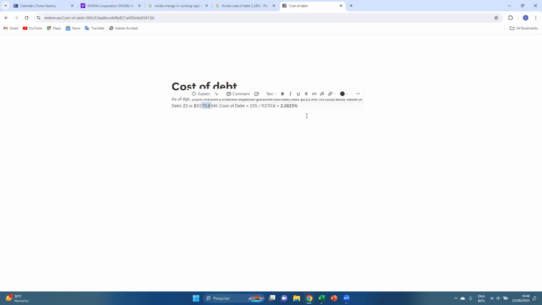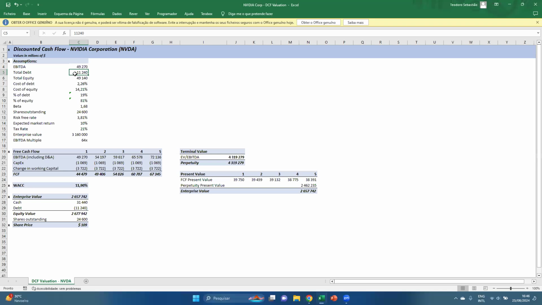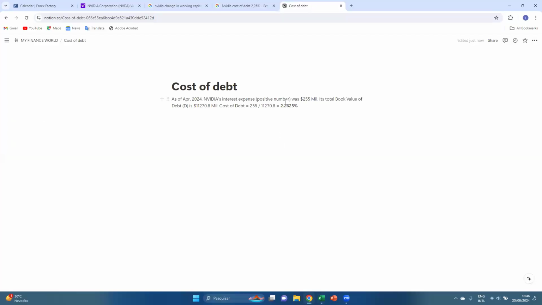That is the 11 billion that we had here. We divide the interest expense by the total debt, and we are going to have the cost of debt. Basically, as I said, it is the interest that you pay for the money that you borrowed.